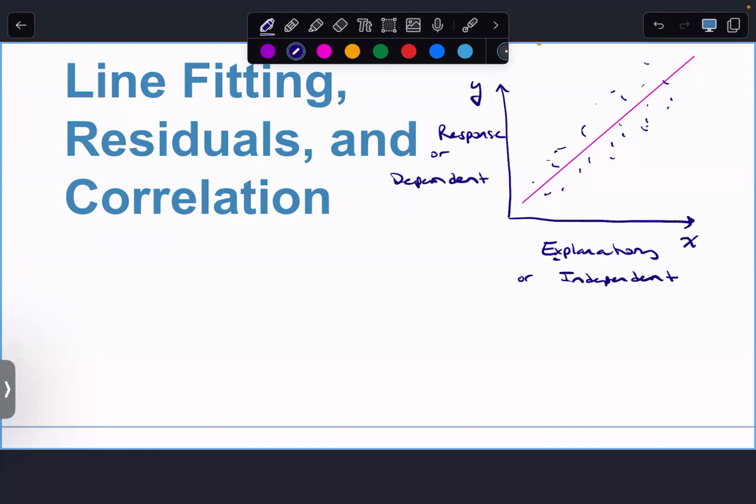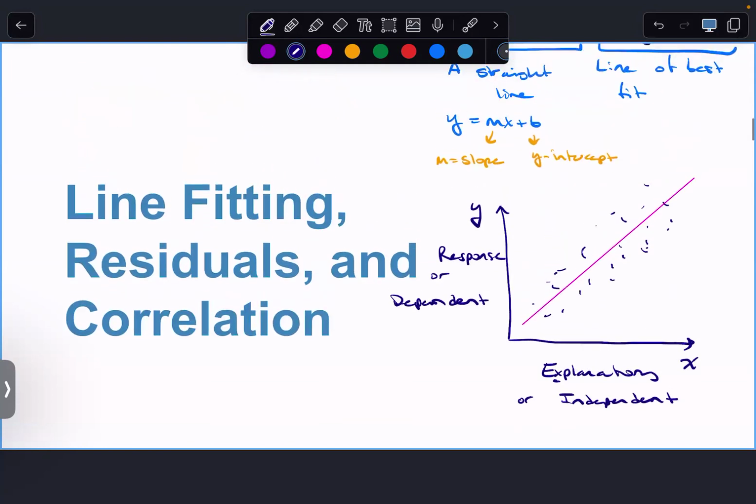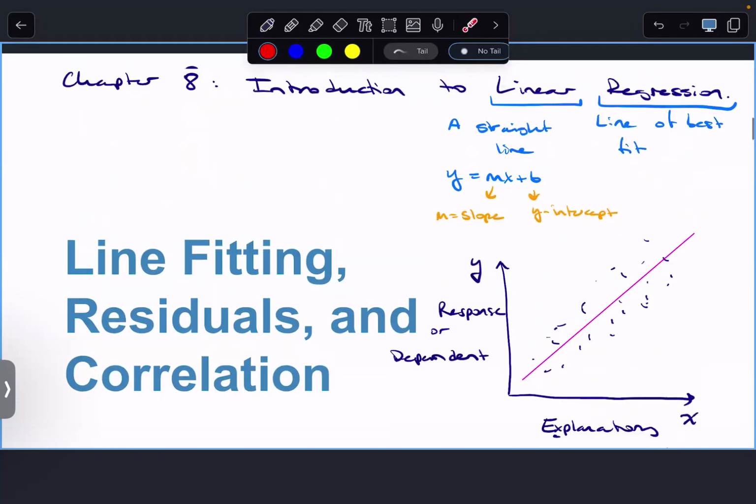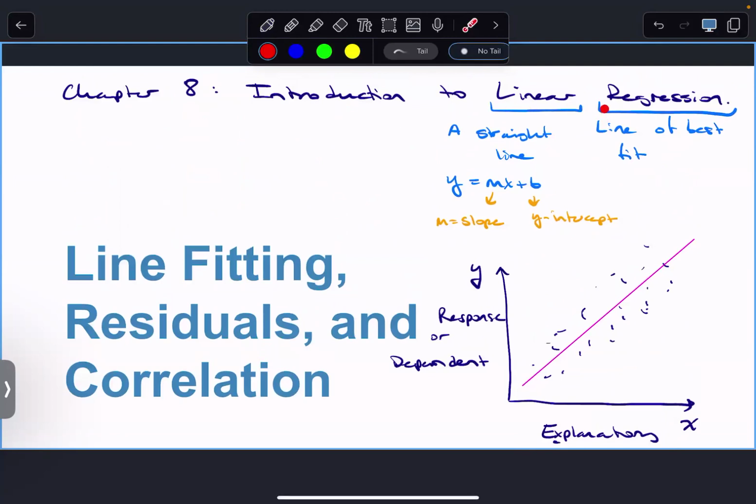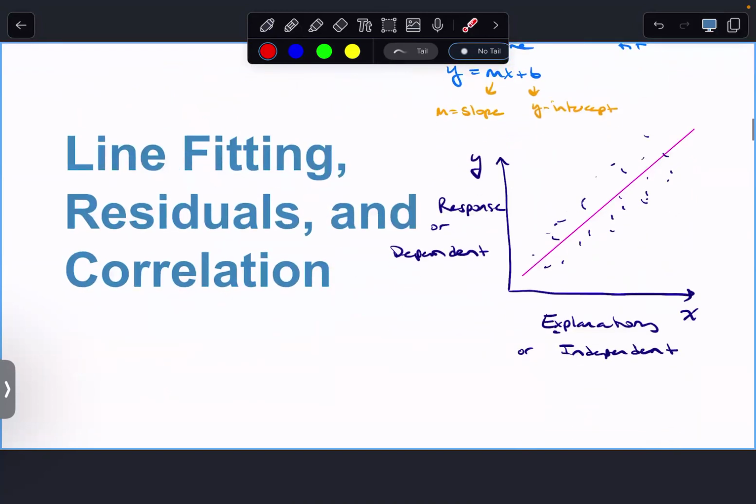Okay. So our goal here, right? If chapter 8 is just about fitting lines to some scatter plot, there's got to be some goal here. What are we trying to do? Well, we're trying to say, what if I have some value of x?